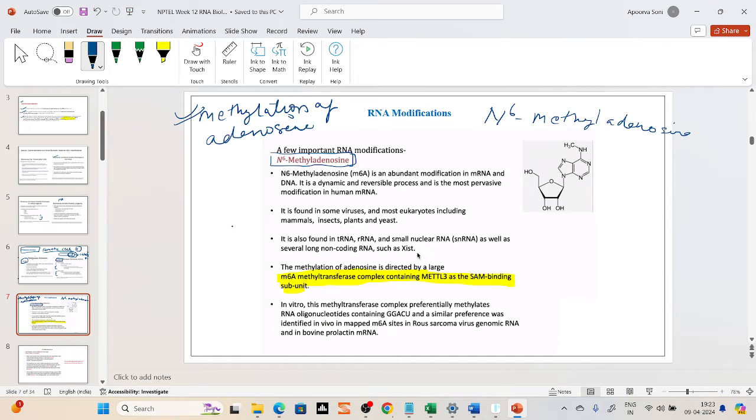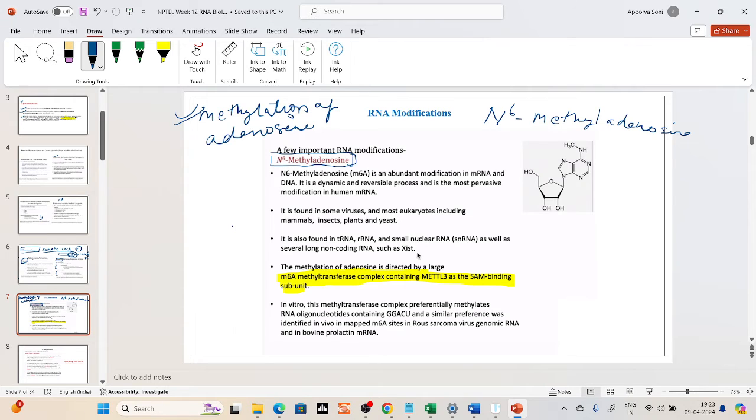So you just need to understand that epitranscriptome means the RNA modifications that happen on the RNA post-transcriptionally. An example of one such modification is N6-methyladenosine. This is the methylation of adenosine which happens in some viruses and eukaryotes like mammals, yeast, plants.